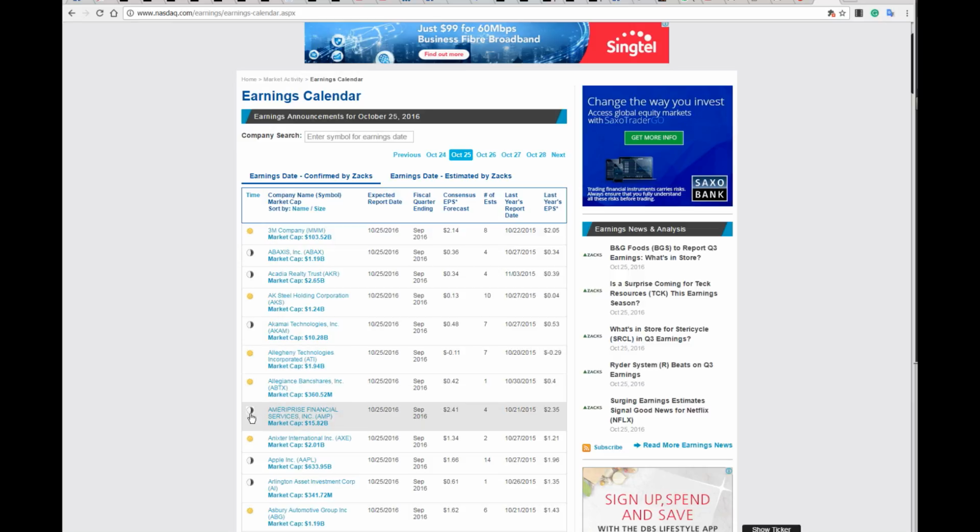If you see the moon, the black and the white, this is telling you the earnings will be announced after the market close. So this is October 25th. Apple is over here. It's got one white and one black. The moon pattern is telling me that the earnings announcement will come out after the US market close.